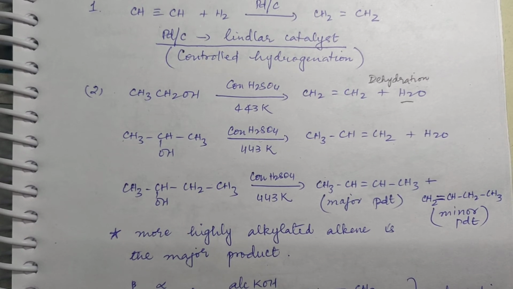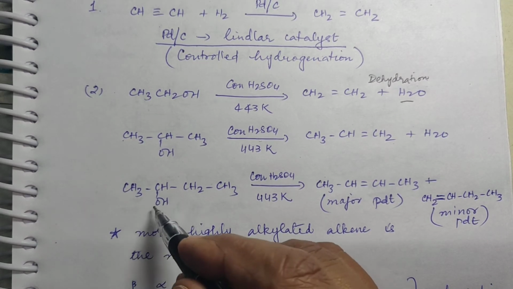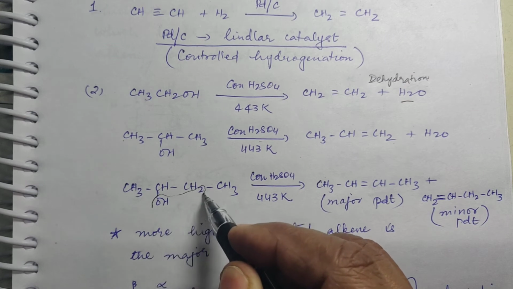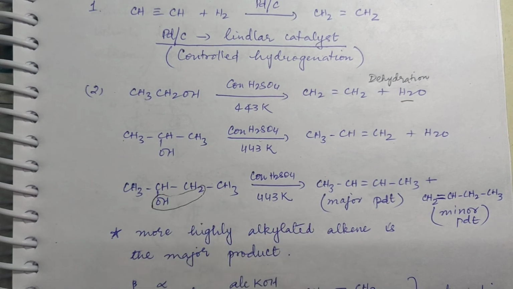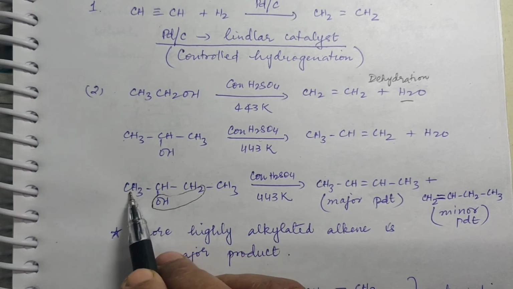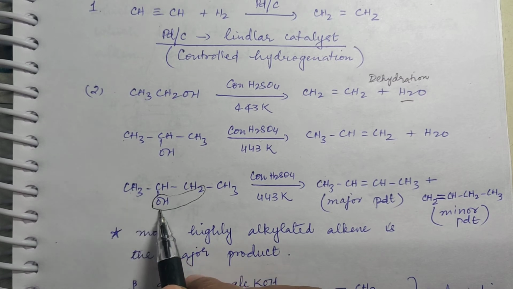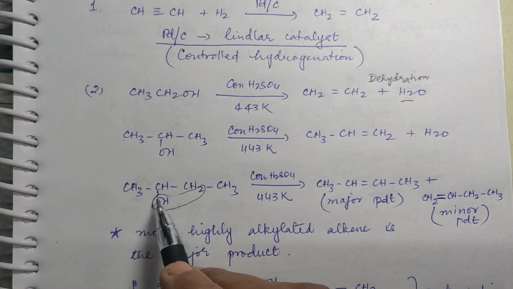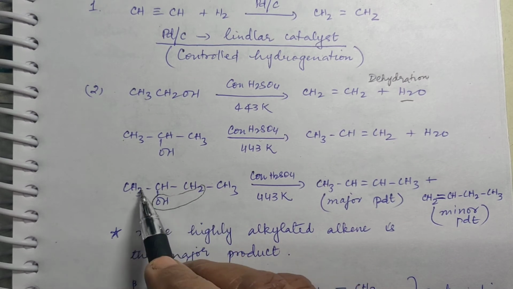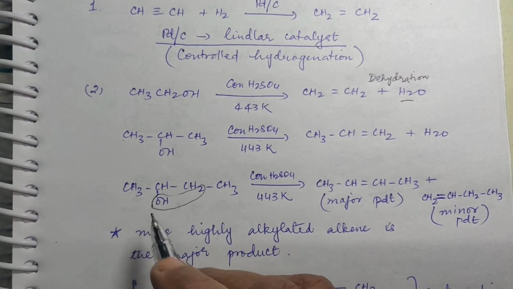what are the possibilities? Now if you take this butan-2-ol, then in this case either this water could be released, or one hydrogen from here and this OH. So that can also be released. Is that clear? This is one possibility, and OH and hydrogen from here can also be removed.